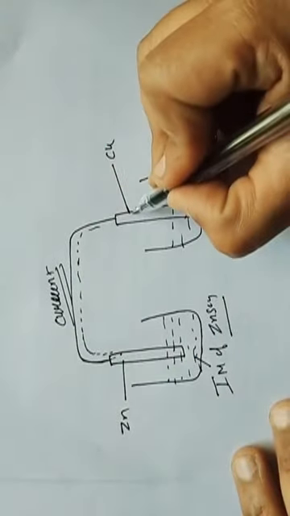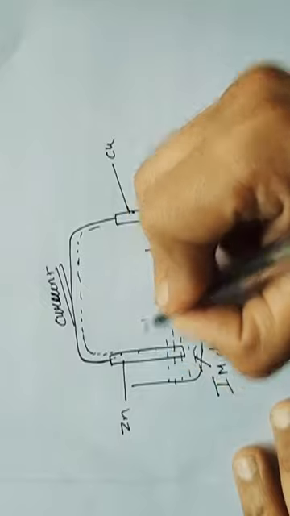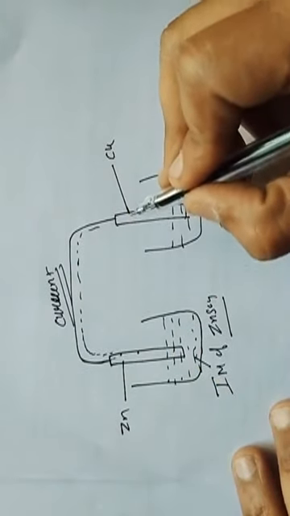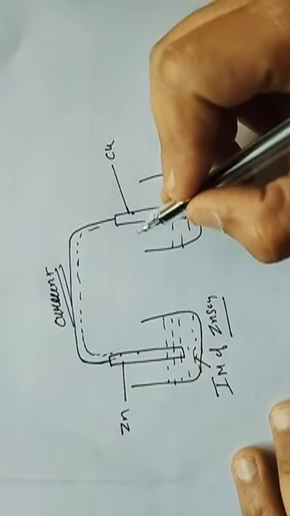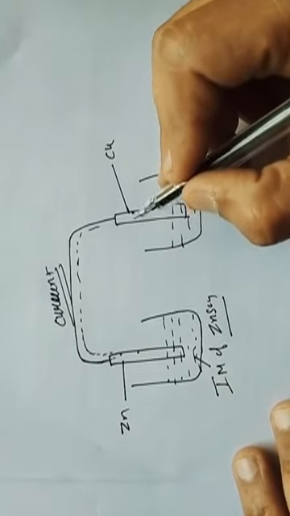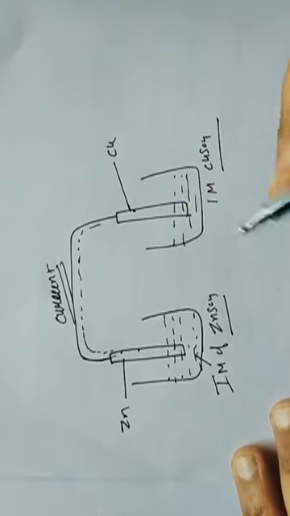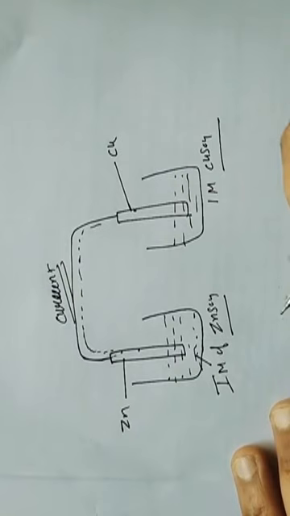So electrons are flowing from which direction to which direction? Zinc to copper. Now out of zinc and copper, one electrode is anode and one electrode is cathode. And we should know which is anode and cathode, not by cramming but by the concept.